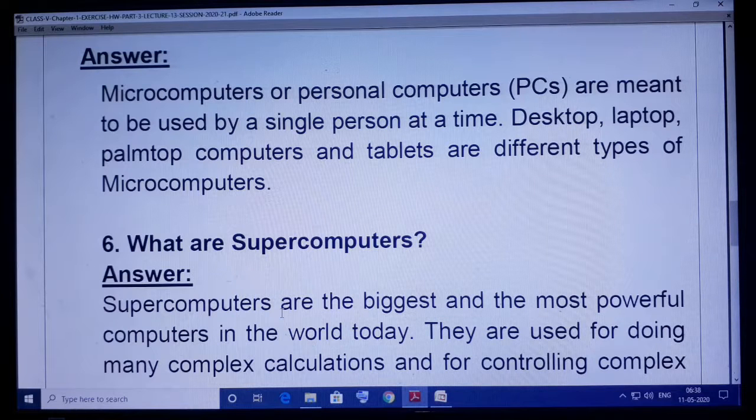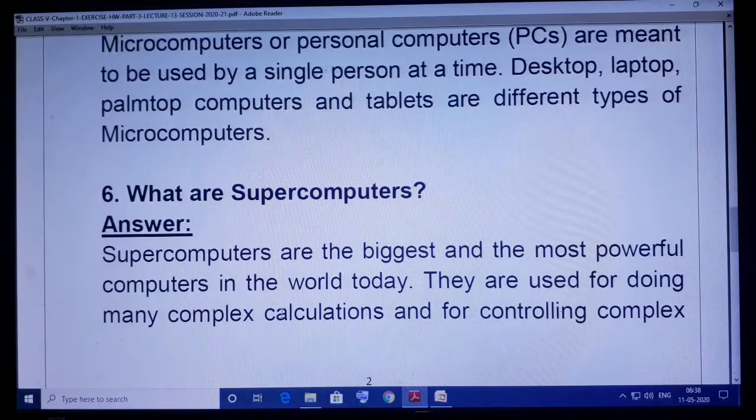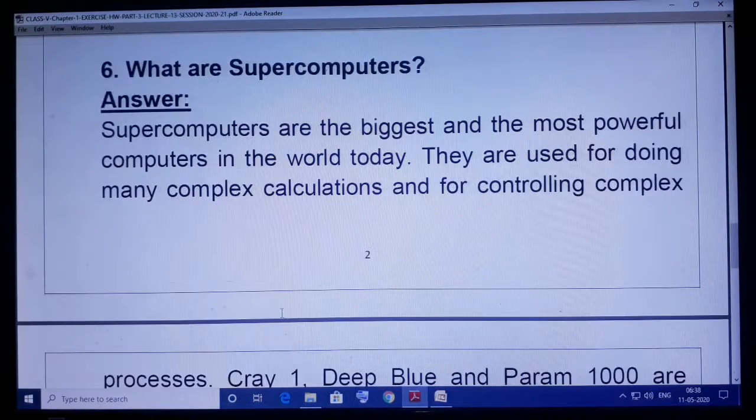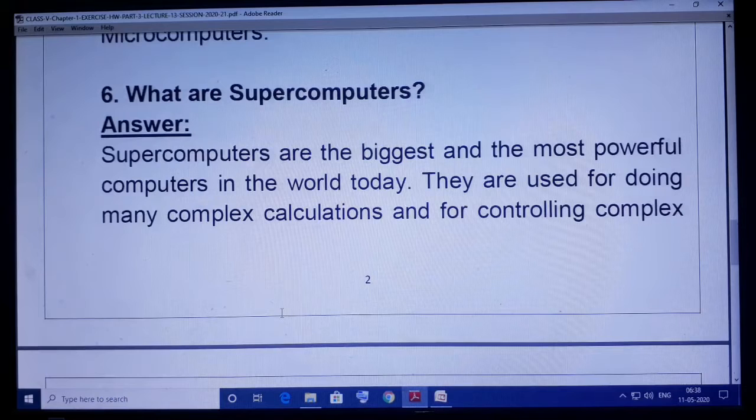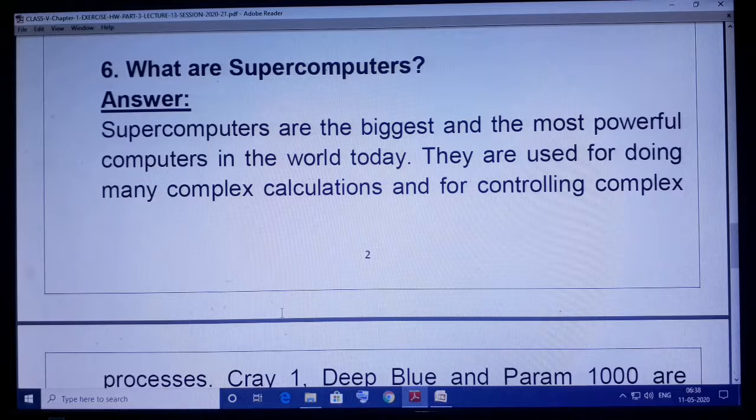They are used for doing many complex calculations and for controlling complex processes.